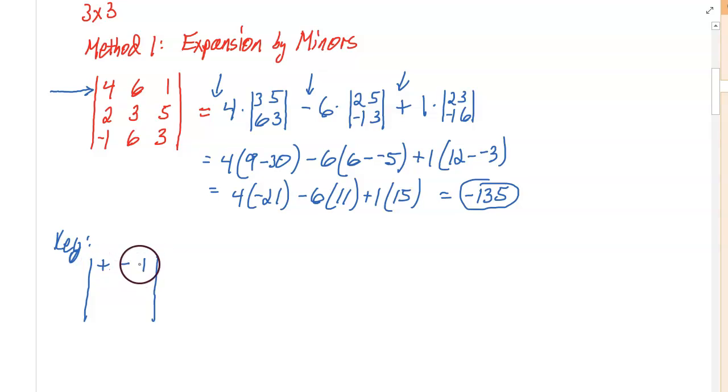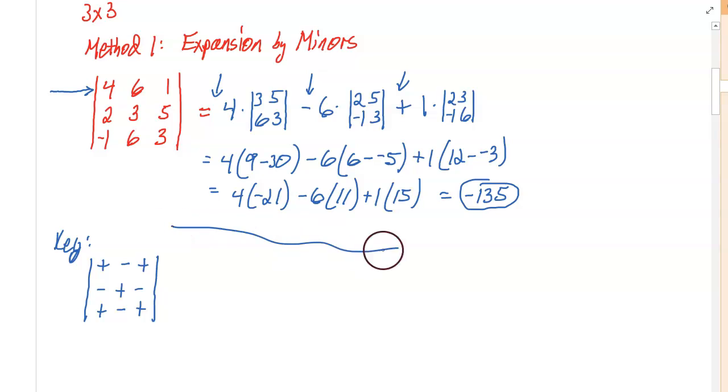Plus, minus, plus, minus, plus, minus, plus, minus, plus. Notice the diamond arrangement of negative signs. If we were going to use row 2 to expand by minors, when you write down the numbers from row 2, you're starting with a negative, then having a plus sign in the middle, and then having a negative.